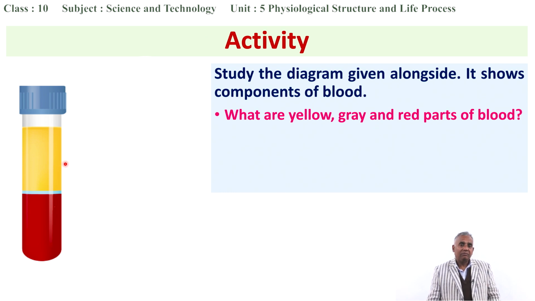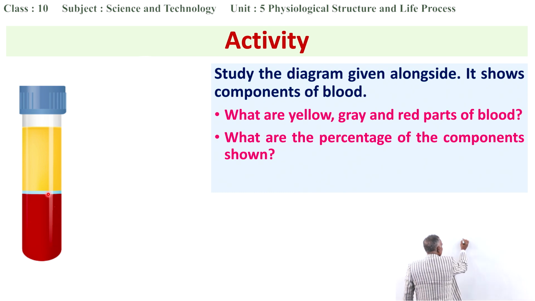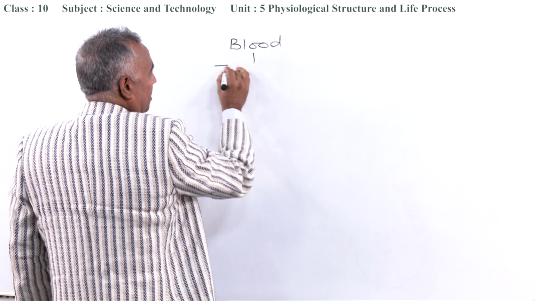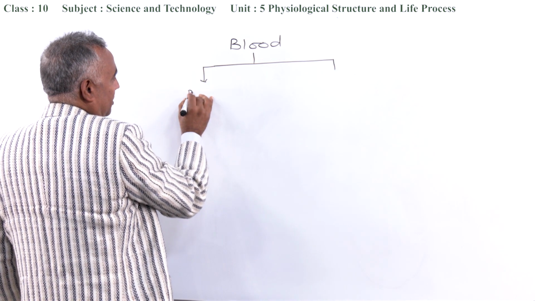No? Okay. Let's see. I think that will display. Now, the next question is, what are the percentages of the components shown? Here they are blood components, so the major components are only two. You know that blood consists of two parts mainly. You have studied about it. One is what?